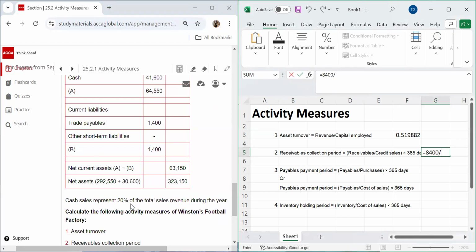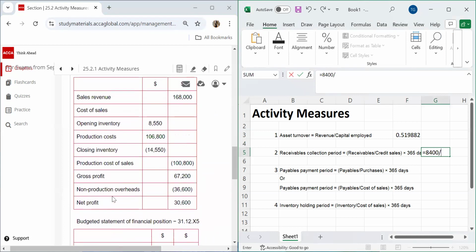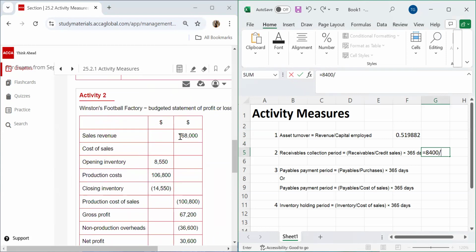Cash sales represent 20% of the total sales revenue during the year. That means if this is my total sales revenue, 20% of this is cash and 80% of this is on credit. So how can I find out how much of this figure is my credit sales? I can simply calculate 80% of this amount. 168,000 multiplied by 80%. So this over here is my numerator and denominator.